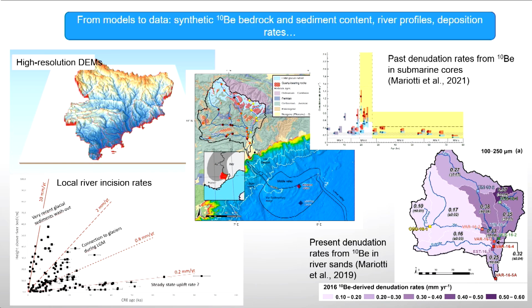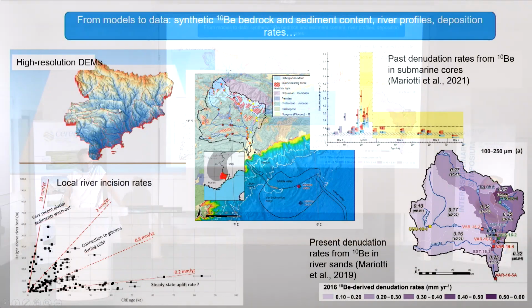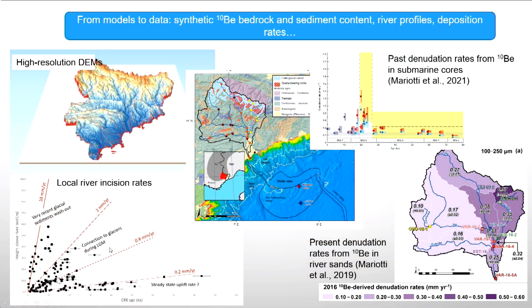So, in fact, how can we go further in this understanding at the catchment scale, at the regional scale, of the dynamics of this topography, of these catchments? In fact, we have a lot of data. We never have enough data, but at some points we can be satisfied because we have some of them. So we have high-resolution digital elevation models. We have some dating on the river incision.